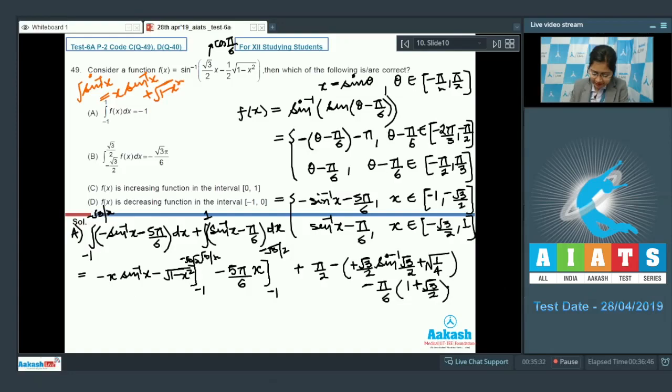So solving it, we will get it equal to minus 1. So option number A is correct.